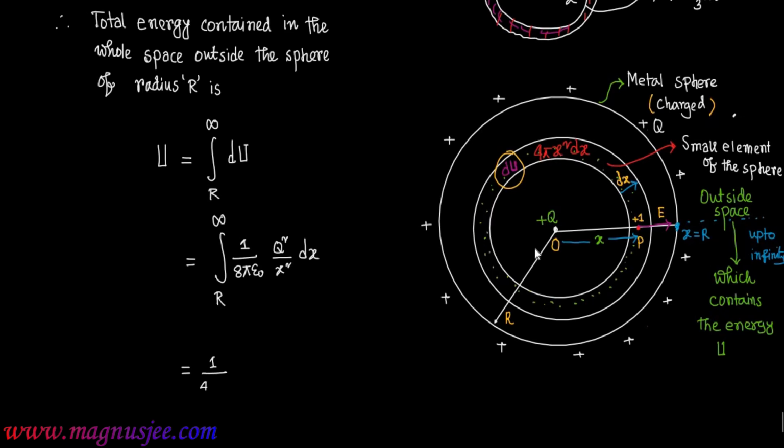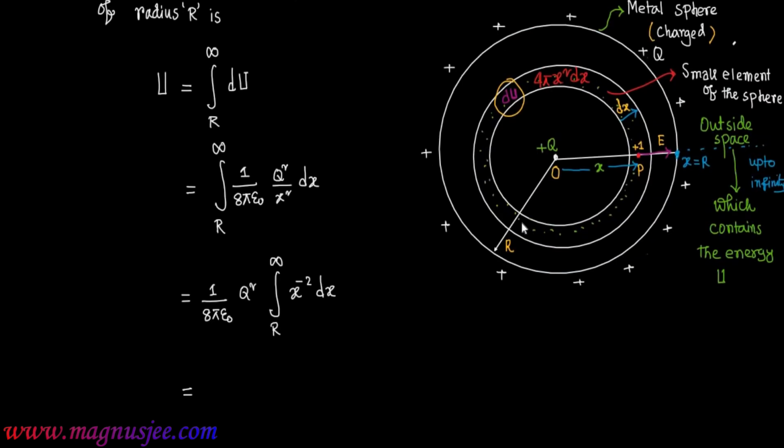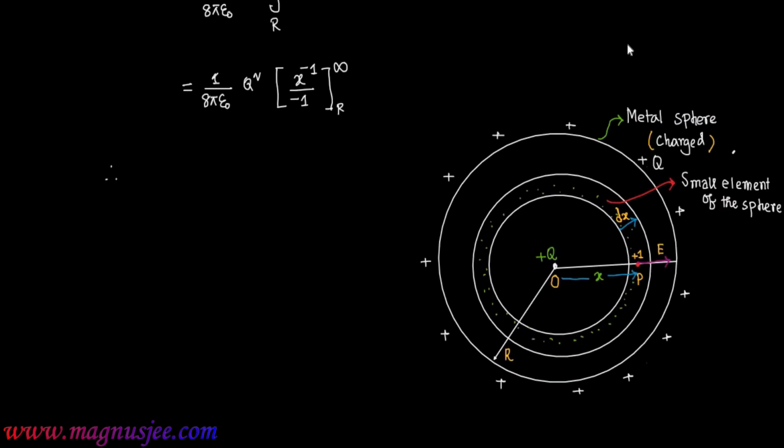U equals 1/(8 pi epsilon 0), q squared is taken outside the integration, the integration from R to infinity of x to the power minus 2 dx, equals 1/(8 pi epsilon 0) q squared times [x to the power minus 1 divided by minus 1] from R to infinity.